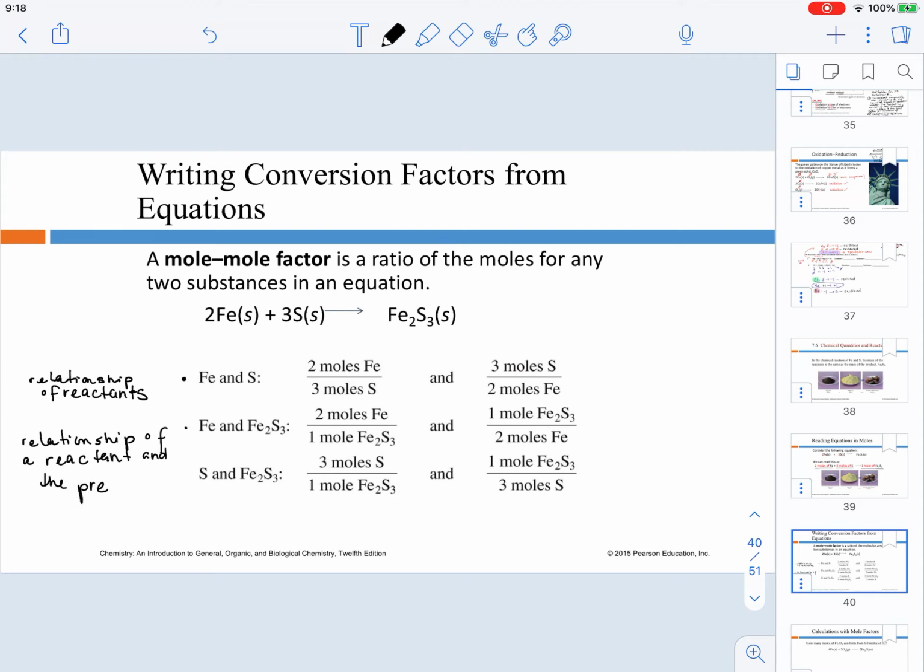And that's what we see in the next two, in which we can say that for every 2 moles of iron, we're going to be producing 1 mole of iron 3 sulfide and vice versa. And lastly, we can relate it to the other reactant. So we can say that every 3 moles of sulfur, we'll be producing 1 mole of iron 3 sulfide.